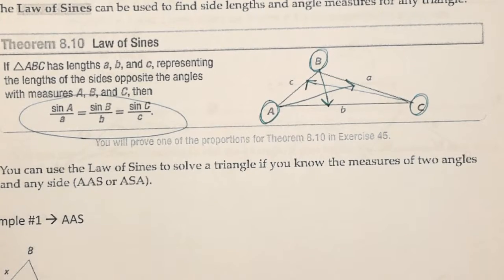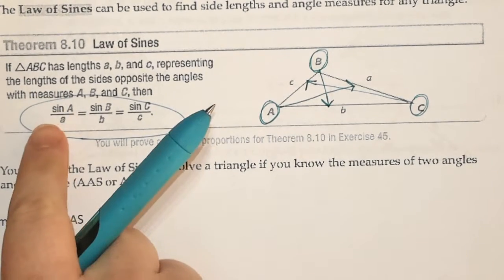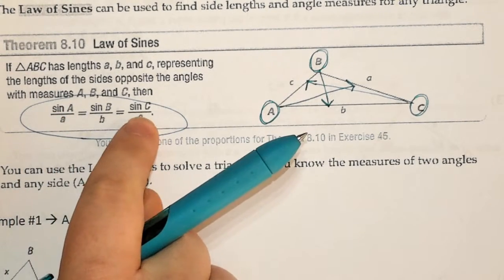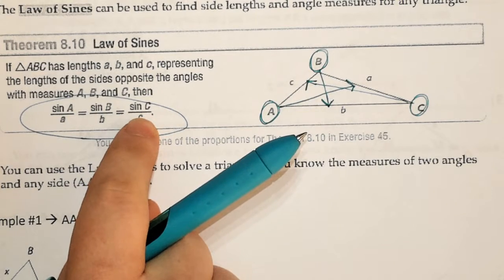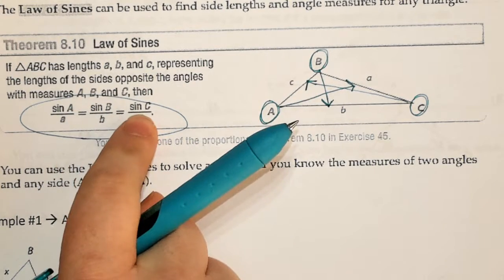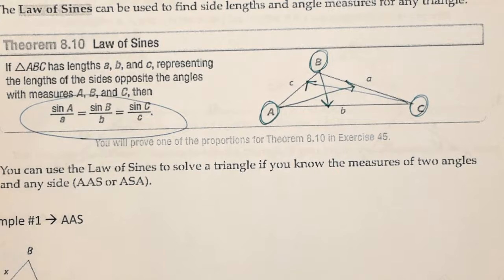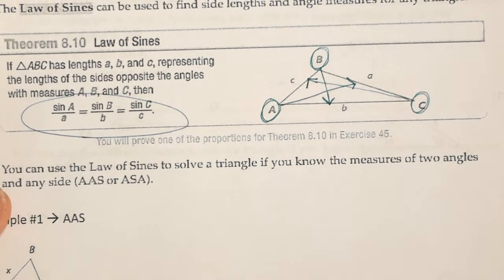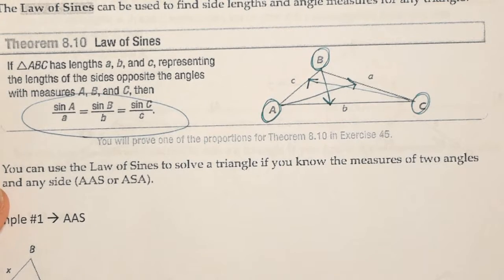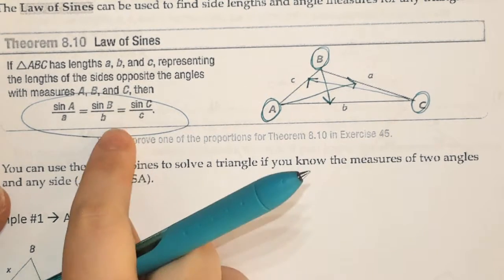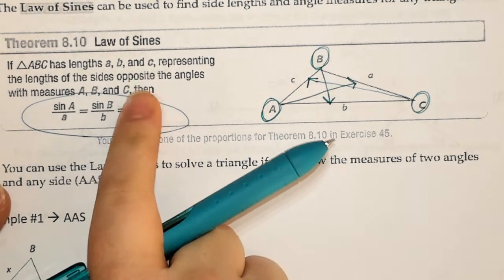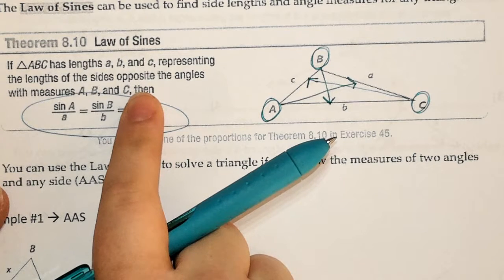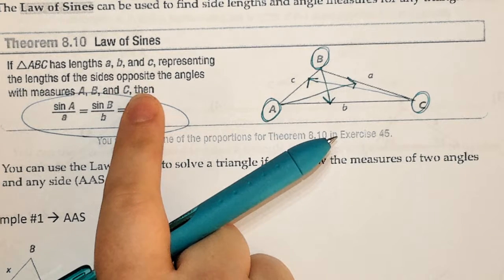Okay, here's the dealio. You're not ever going to use all 3 of these. They use sine A, B, and C, but you will only use 2 at a time because you're wanting to set up a proportion to find the missing angle or side, which means one of them has to be missing, and if there's only 2 ratios, we do what to solve for a missing piece?